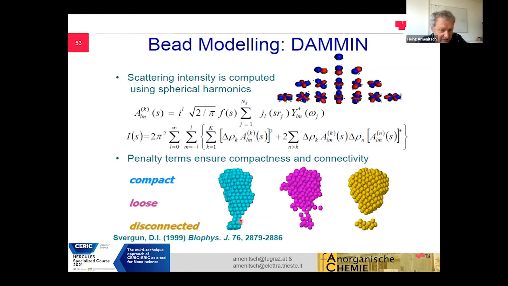Now what you do is you're not running it once, you're running it 40 times. What you see is that some parts of the shape are conserved in all models, and then you will have something like this fuzzy interface. This is reflecting the resolution of the model.